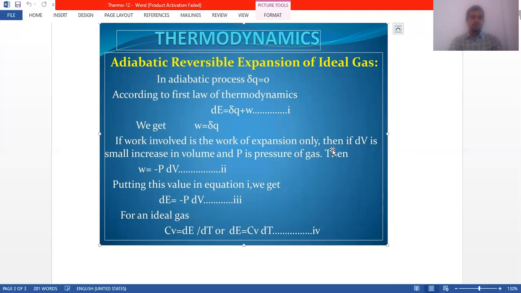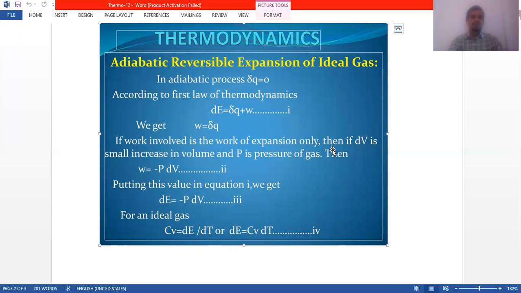If the work involved is the work of expansion only, and dV is a small increase in volume and P is the pressure of the gas, then W is equal to minus P dV. Putting this value in the equation, we get delta E is equal to minus P dV.